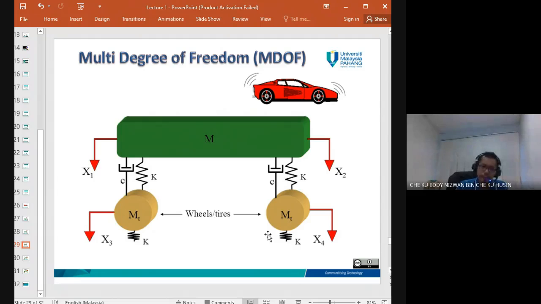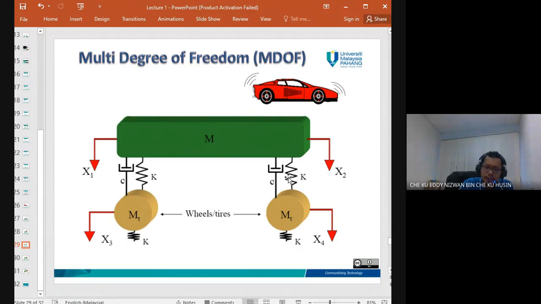Sometimes, especially if you look at a luxury car, the body of the car doesn't vibrate even though the tire has high displacement. That's due to the study of this part.